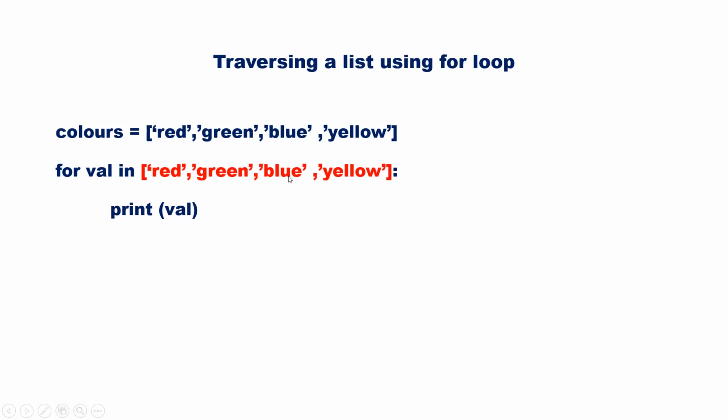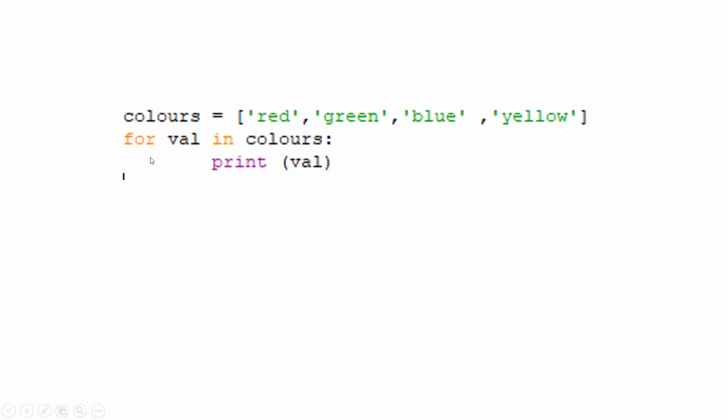Next, val will take blue and blue will be printed. Then val will take yellow and yellow will be printed. There are no more items in the list. Hence, the for loop will exit. Here, we have used the for loop to iterate through the list directly. When we execute this, we will get the individual values in the list.